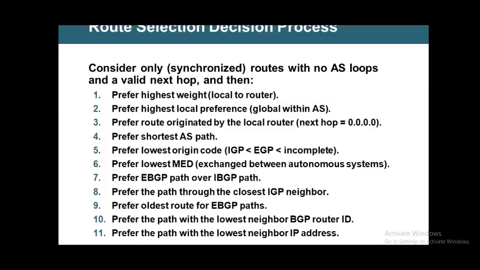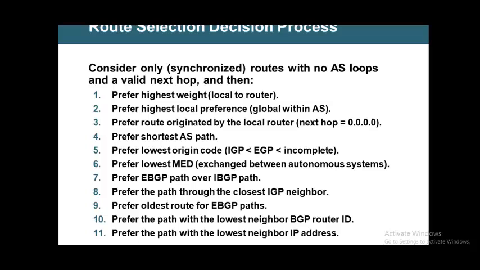All the paths have a valid reachable next hop. Only then will it see whether any one of the neighbors in the paths has a high weight configured. We can configure weight. We learned about the weight attribute.